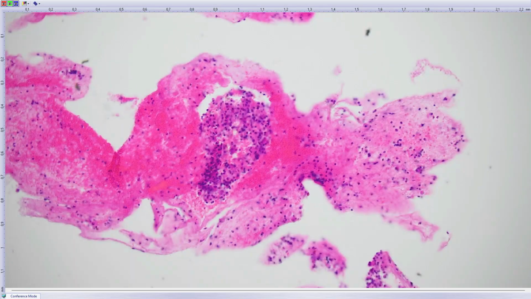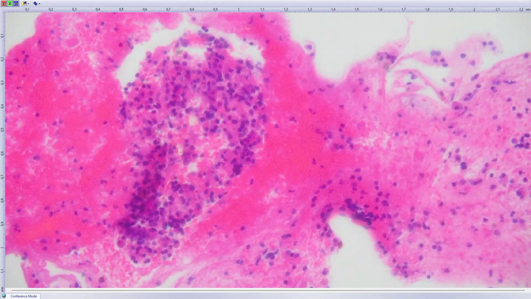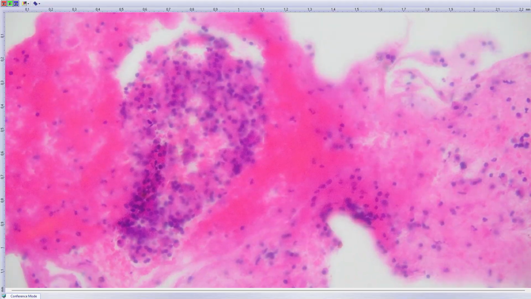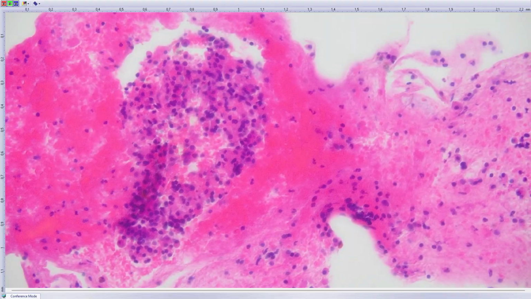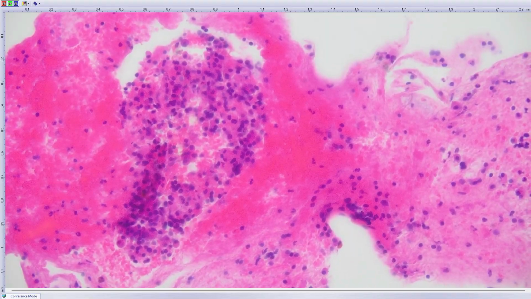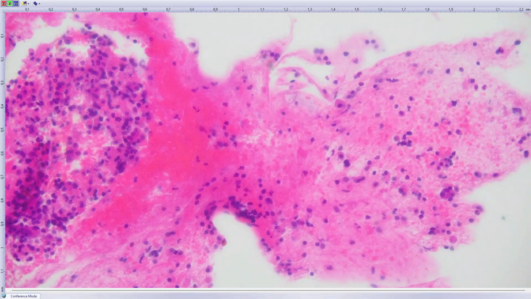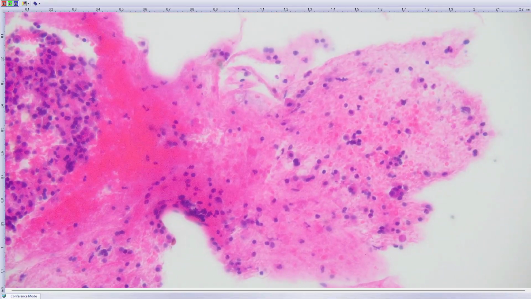Sometimes you will only have stuff like this. So this is coagulum, I cannot get good focus, maybe, with some discohesive cells, with a little bit of a plasma cell-like appearance.